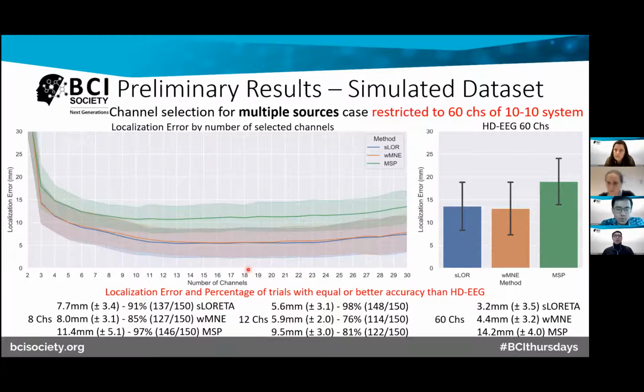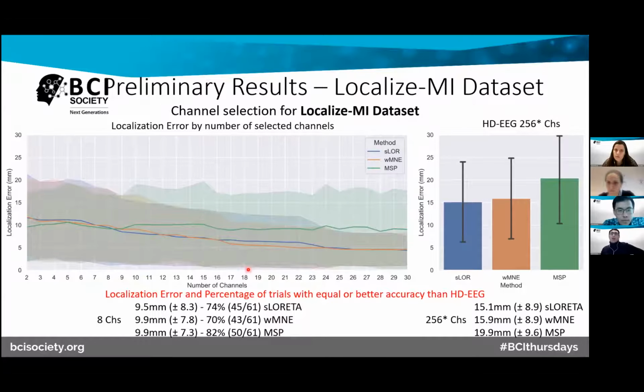So then we did the same, but instead of using this dataset, we used the localized MEG dataset, which has the stimulation. And in this, we still keep finding similar results, in which here is shown the high density EEG results, the accuracy, the localization error.